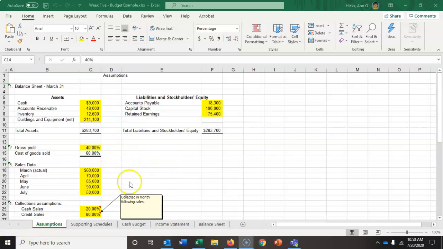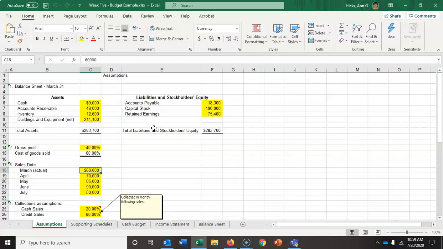So continuing with our assumptions. In item number 3, I have outlined our sales data. Notice that when you are doing a master budget, the budget for sales has to be first. Now, I can't budget my cost of goods sold if I don't know how much I intend to sell. So your starting point for any budget, master budget, is going to be sales.